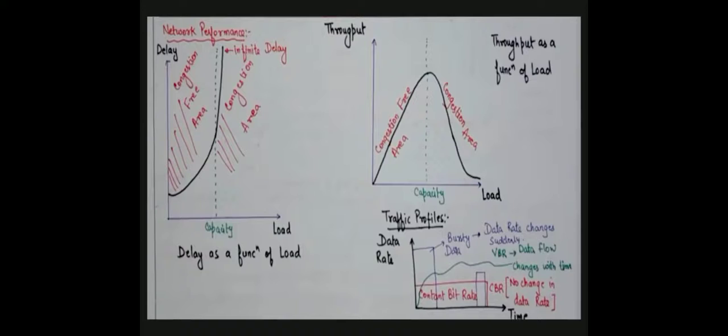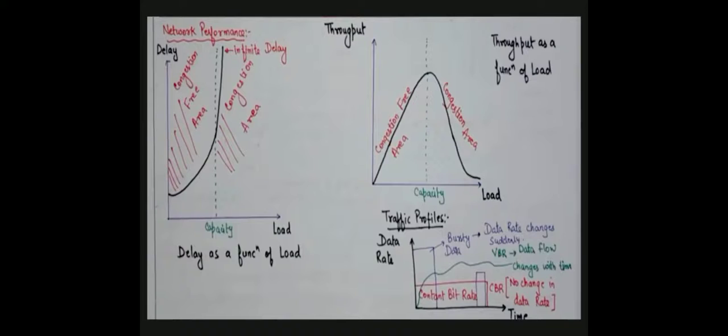Every time the constant bit rate is maintained, the same speed of data, meaning the number of bits transmitted per second is constant. The number of bits transmitted over a particular time is constant. That is called constant bit rate, because there is no change in bit rate over different time intervals, right?